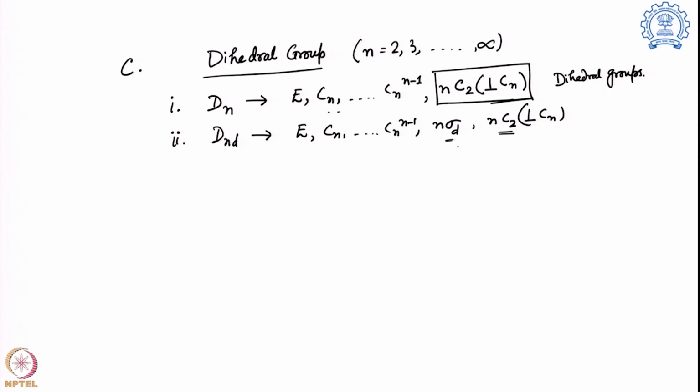So, that is why it is called sigma d. You can see it is very similar to the Cnv, but over here we again have this extra group present. And in Dnd point groups, other than the Cn axis of rotation, n sigma d's and n C2s, we also have an improper axis of rotation.